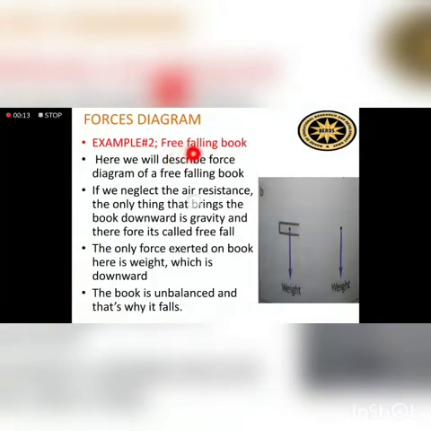Now consider when something is falling only under the influence of gravity and no other force is involved. So here we will describe the force diagram of a free falling book. It means that this book is only falling because of gravity. There is no support for this book, and the book is falling. Why is the book falling? That's because of the weight of the book.